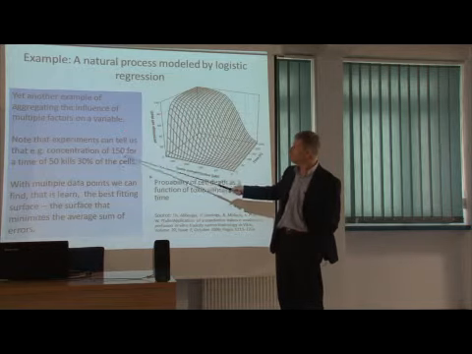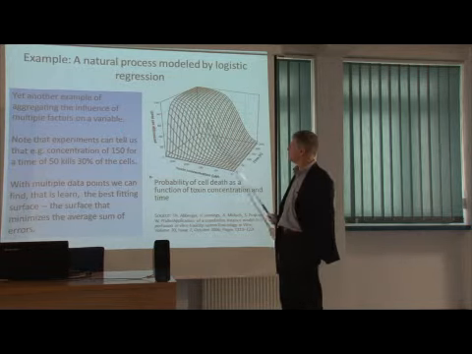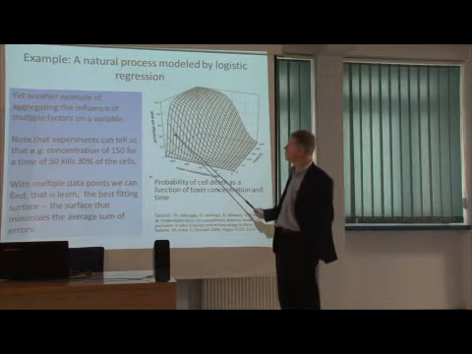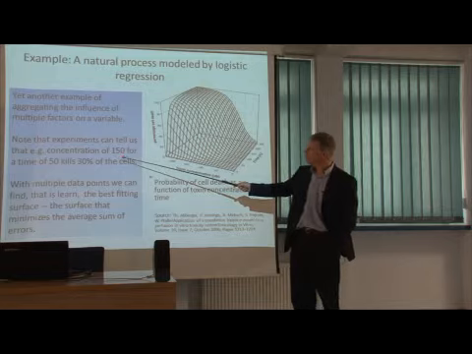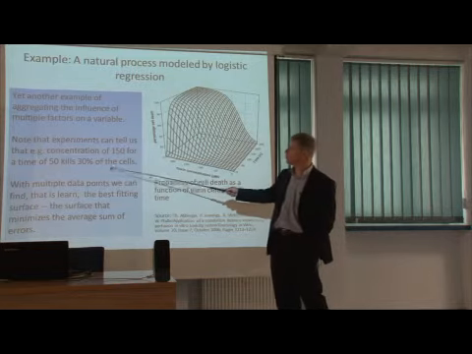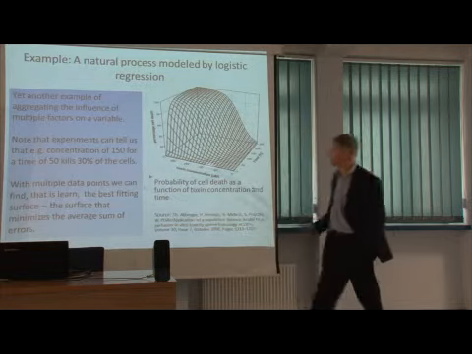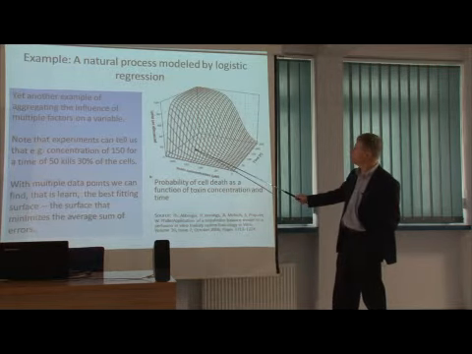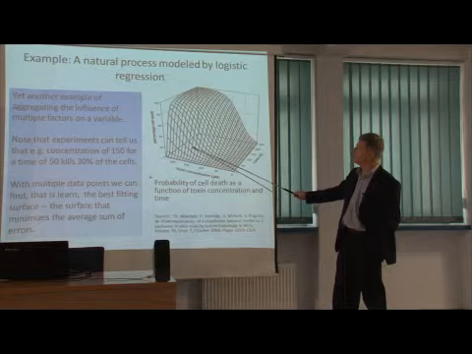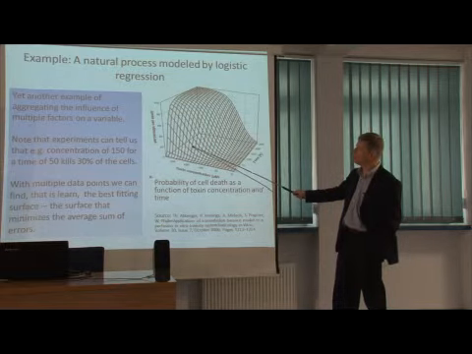All right, we can read from this model certain things. For example, we can read that a concentration of 150 at time 50 kills about 30% of the cells. So this is where this point would be. This is what the model predicts.